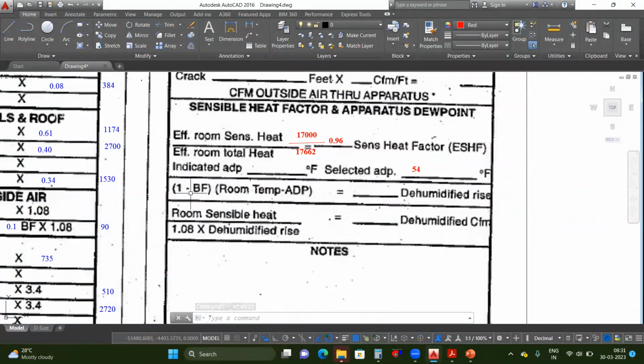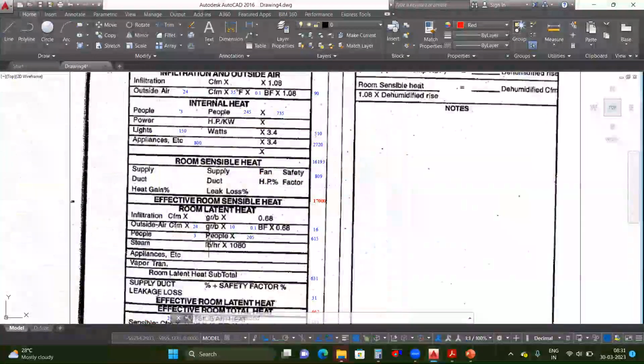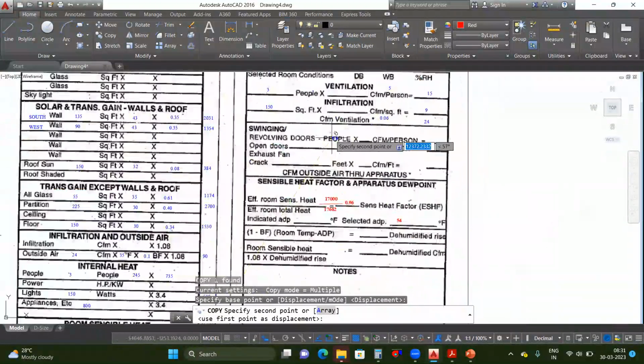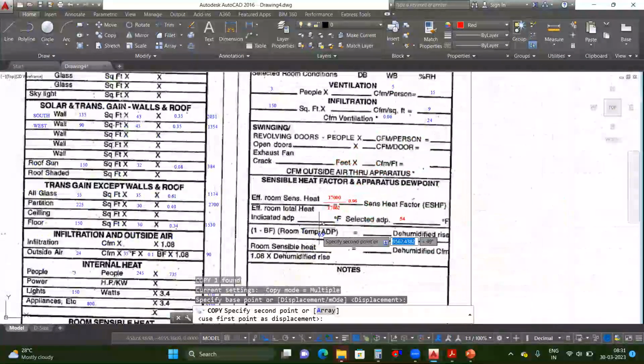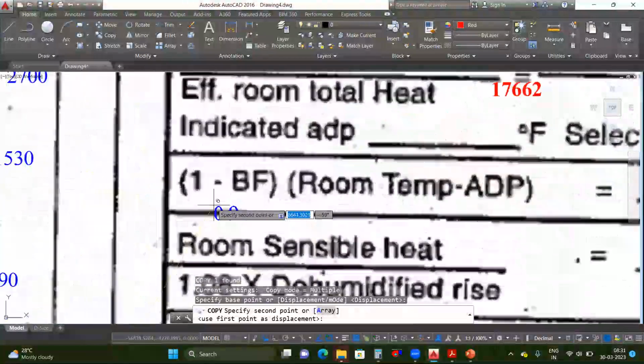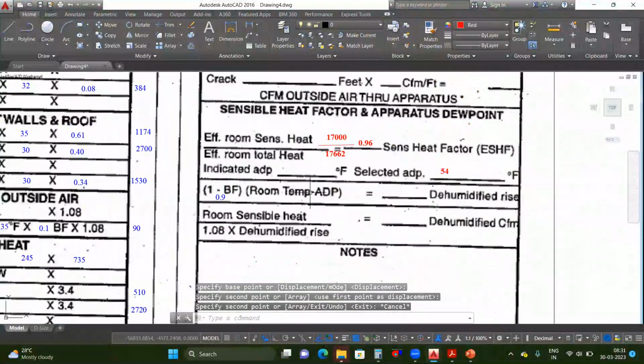We have already done 1 minus bypass factor here. So the value is 0.9. So I'll copy this and place it here. 1 minus bypass factor 0.9. Room temperature minus ADP.